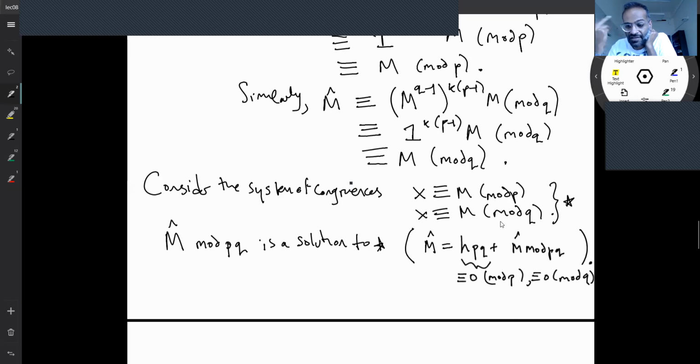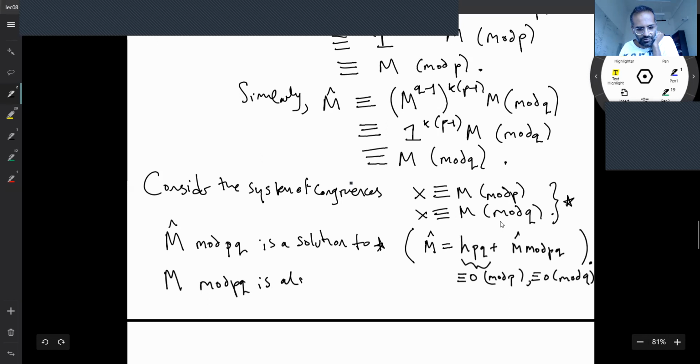Just m. Just m, right? So m mod PQ is also a solution to star. So now by the uniqueness part of the Chinese remainder theorem, these have to be equal.